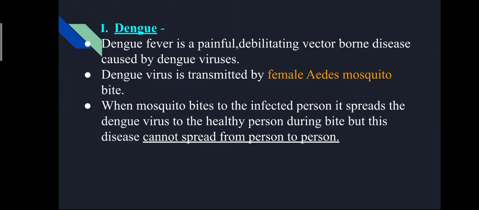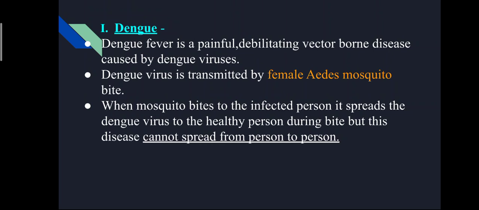Next one disease that is known as dengue. Actually, dengue fever is a painful, debilitating vector-borne disease. Remember, it is a vector-borne disease and caused by the dengue viruses. And that dengue virus is transmitted through the bite of female Aedes mosquito.